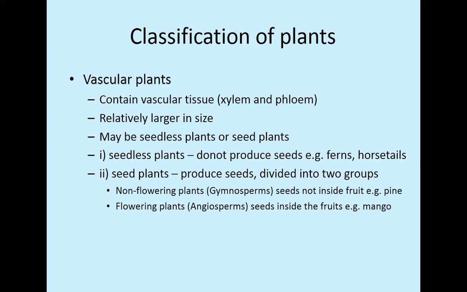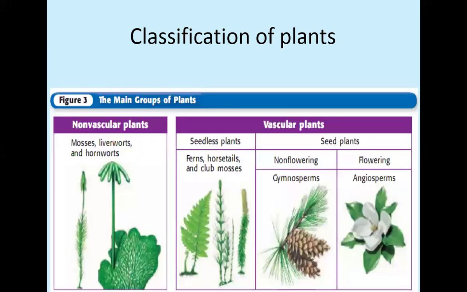A rose plant, marigold, apple, mango are a few examples. Flower is the reproductive structure in the plant, and eventually it develops into a fruit, and the fruit contains seeds in it. So these are the four main types of plants.